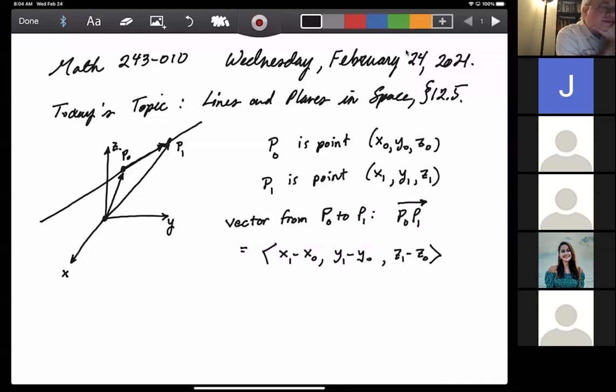Okay, and if that is not clear to you, think about the triangle law for our vector addition.